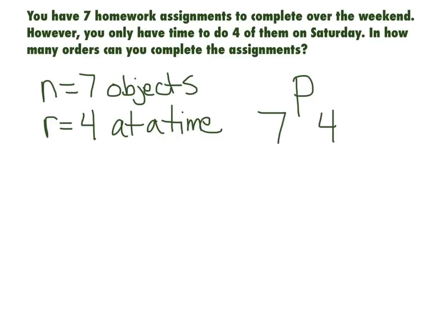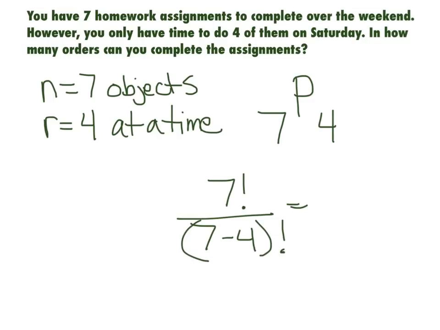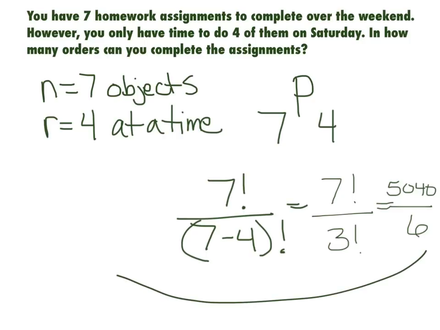And remember, nPr is n factorial over n minus r factorial, so 7 factorial over 7 minus 4 factorial, which is 7 factorial over 3 factorial, and that is 5,040 divided by 6, which is 840 possible orders that you could complete your homework assignments.